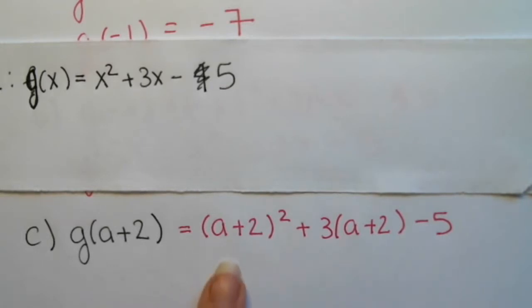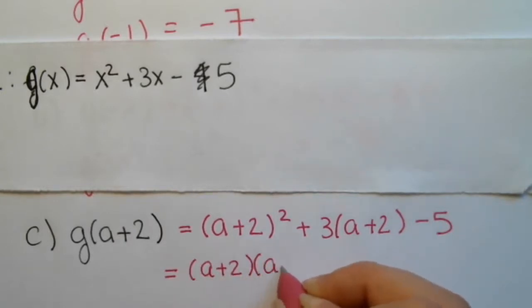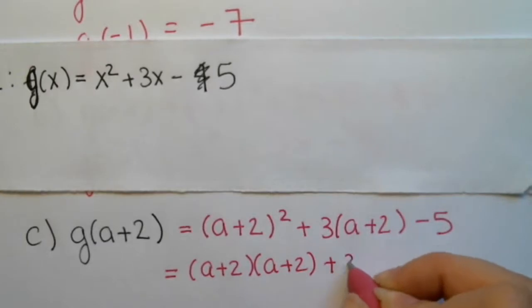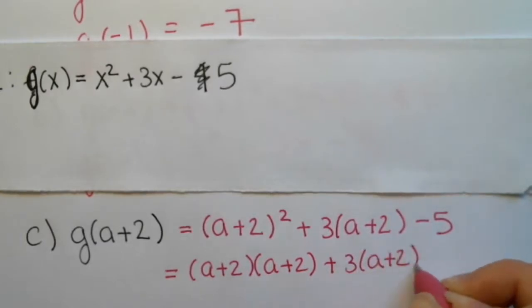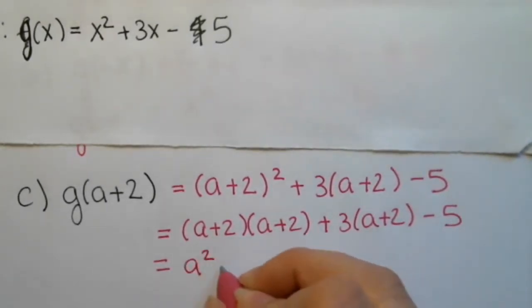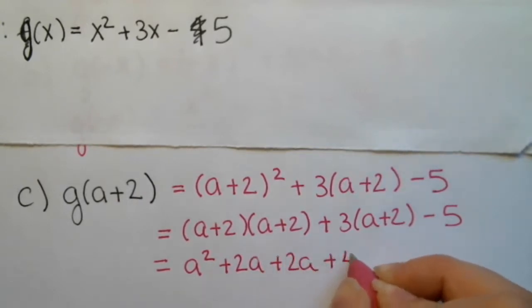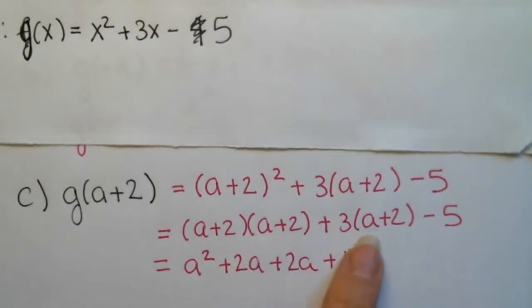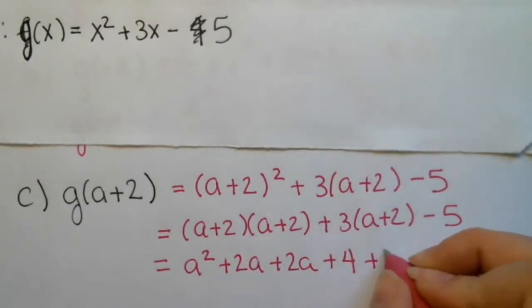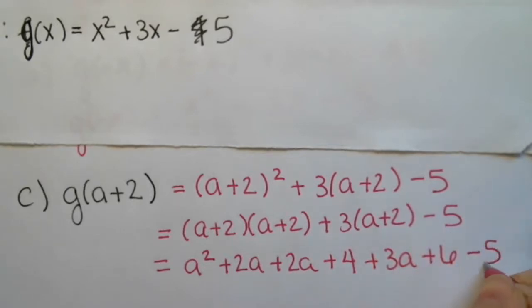Now we're going to multiply this out and combine our like terms. Here we're going to get a squared plus 2a plus 2a plus 4, from multiplying this out. Here we'll get 3a plus 6, and we still have our minus 5.